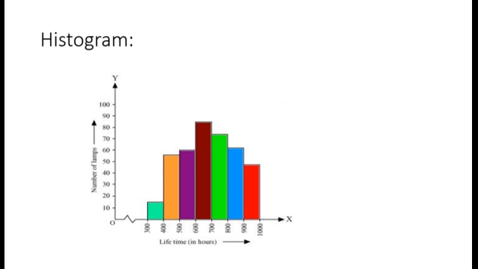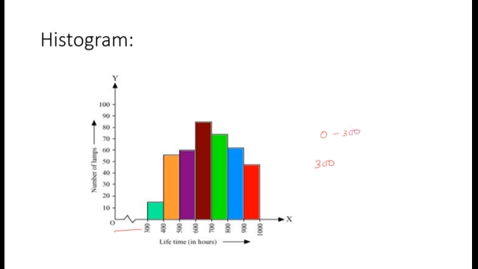Coming to the histogram, you can see the bars are joined. There is no gap between the bars, so obviously we are using class intervals. Also you can see the kink is used. This is the broken line we were talking about. The lifetime in hours is directly starting from 300, so we have missed the data between 0 to 300.